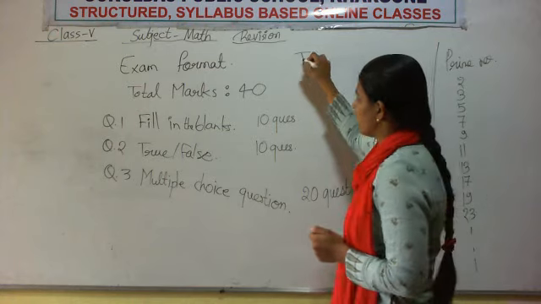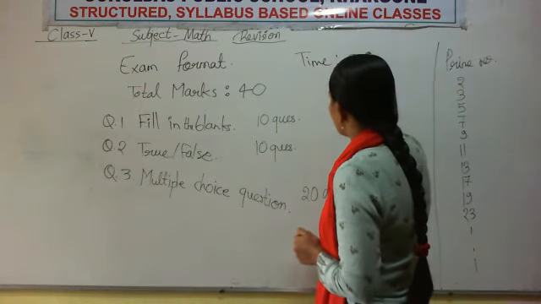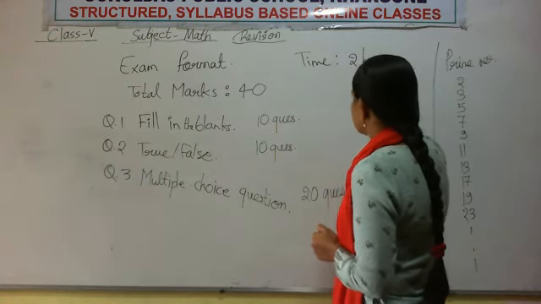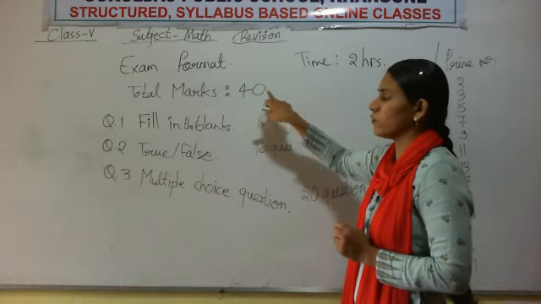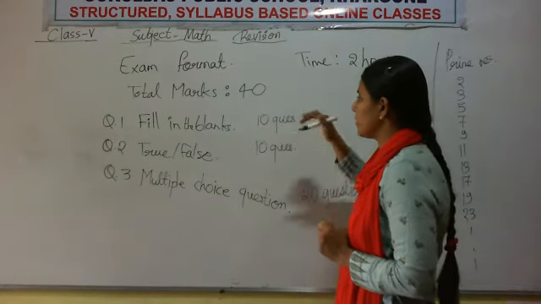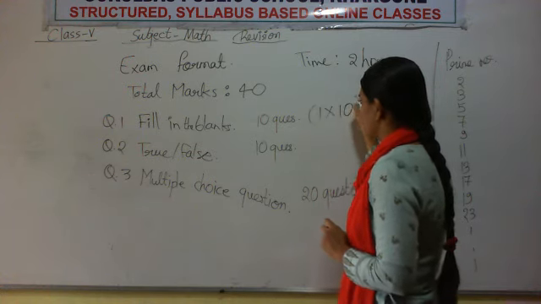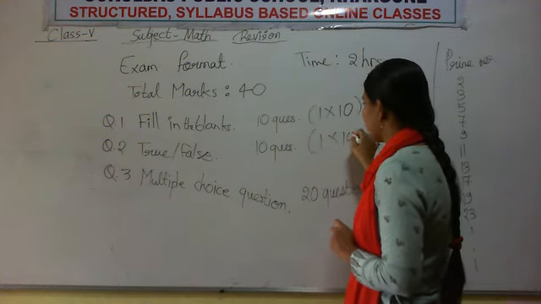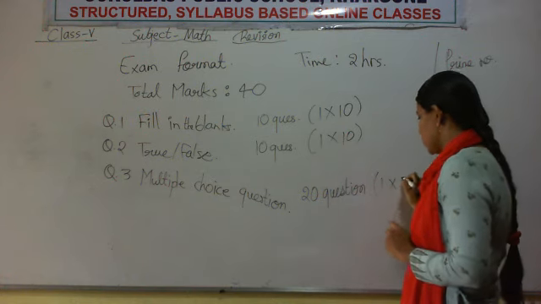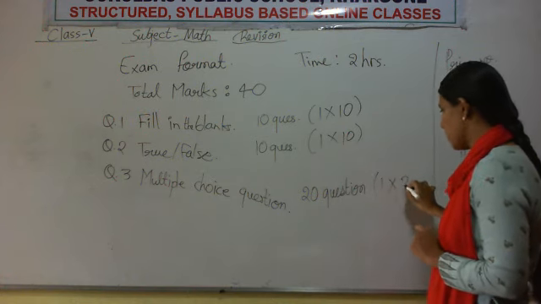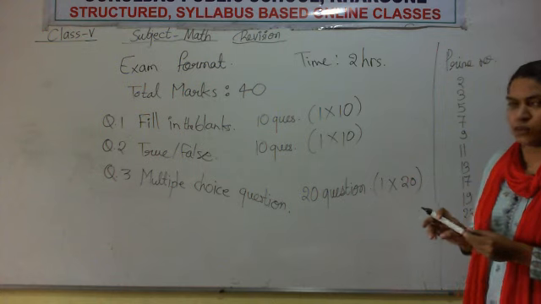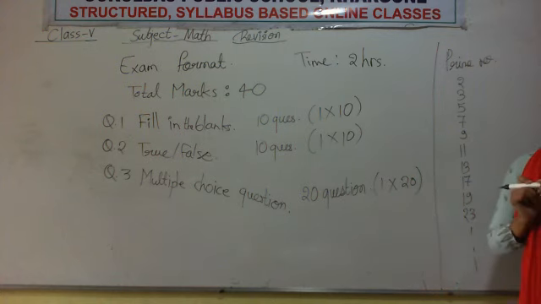The timing will be 2 hours, 40 marks paper. Each question will be of 1 mark. Here also each question will be of 1 mark. So this is how we will do marking.